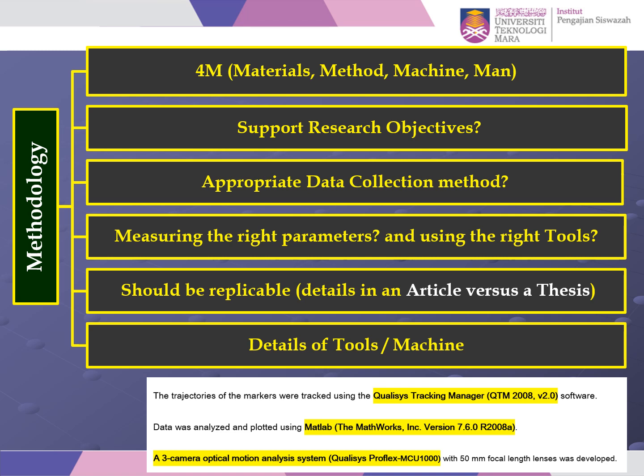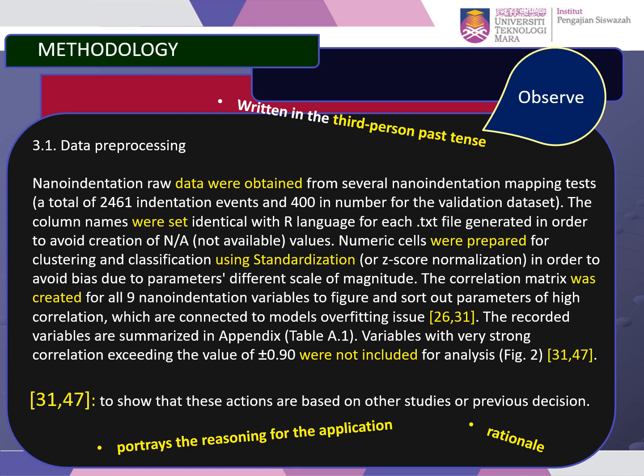You describe it clearly in your methodology, so that if people use different software or tools, they might get different results. So this is an example which I took from an impactful journal, talking about 3.1, the data processing. First, this is all written in the third person past tense.